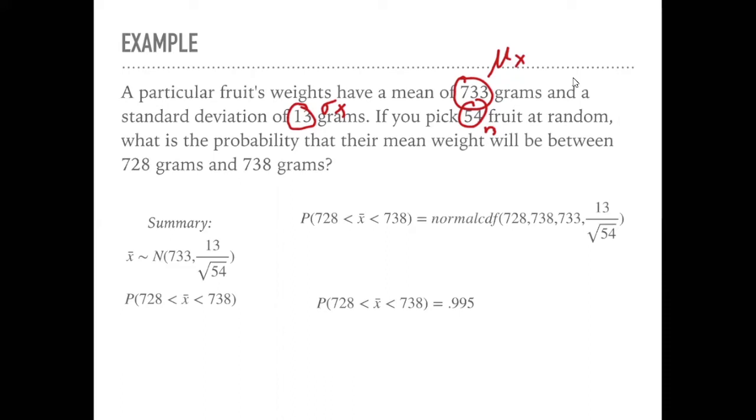So about 0.997, which is really close to our answer here. So thinking about our empirical rule, we'd say, oh, hey, yeah, that looks like a good answer. That's how we can use our empirical rule as a way of gauging if we've got the correct answer or something at least close to it.